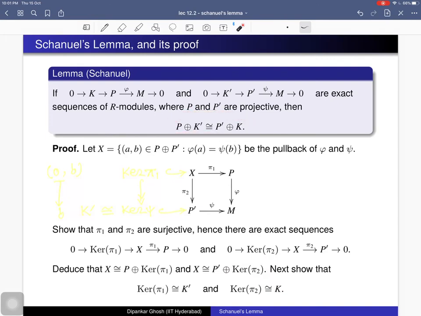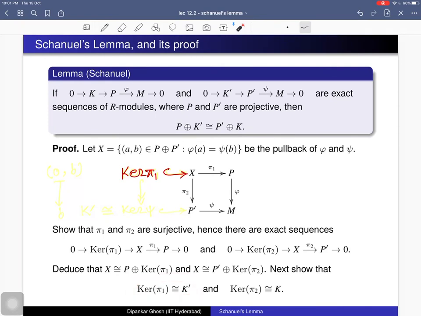So, let us prove this isomorphism now. Here we write kernel of pi 1, which is just a submodule of X, and we should prove that kernel of pi 1 is isomorphic to K prime.